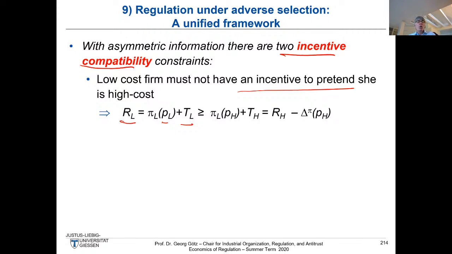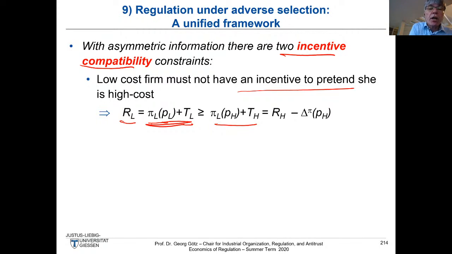The firm will only say it's a low type and therefore accept the contract PL, TL if the rent from truth-telling is at least as high as the rent from lying, from cheating. Okay, now what the rent from truth-telling is, is clear. It's just the rent if you set the price PL and you receive the transfer TL. What is the rent from cheating?